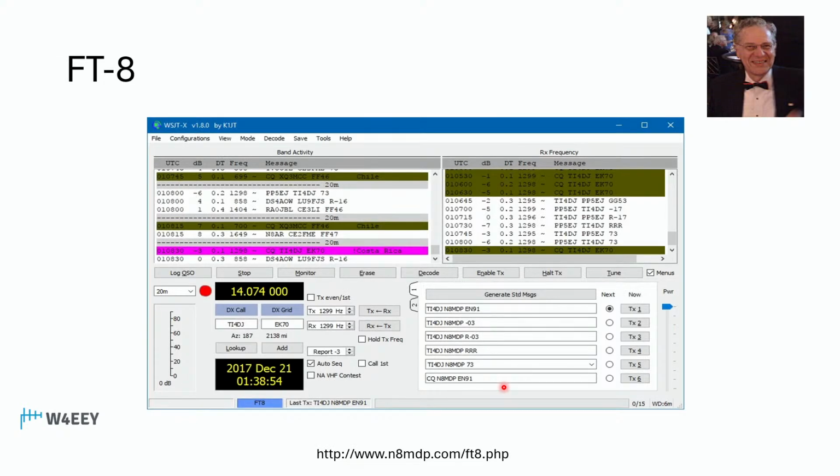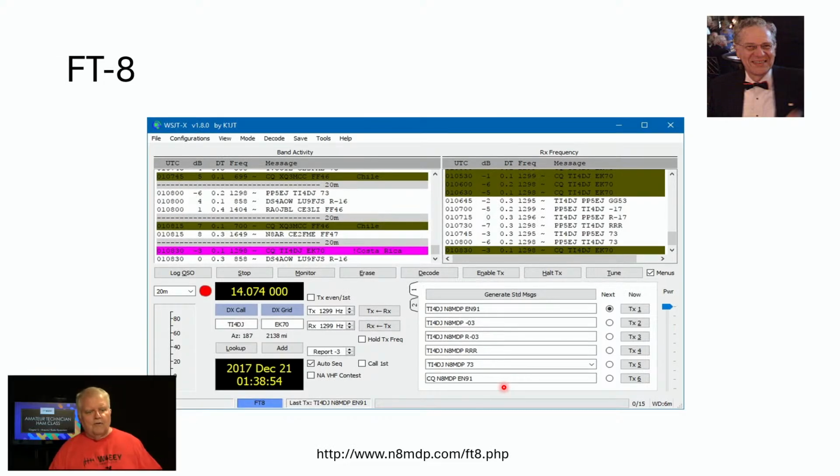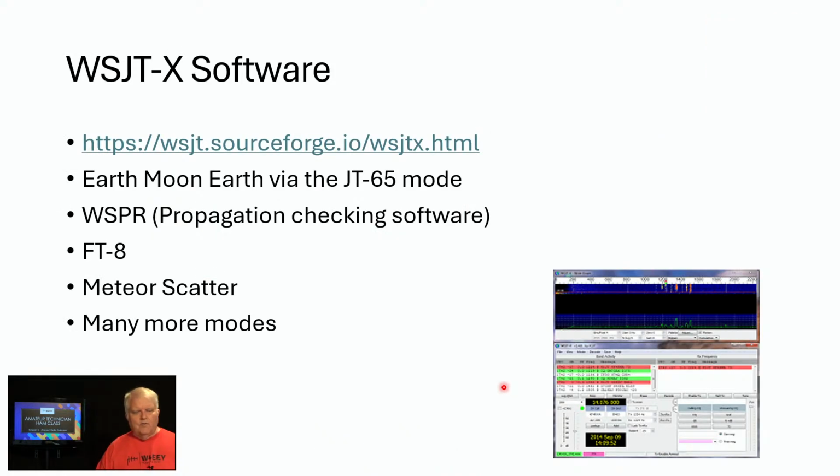FT8 took over. And FT8 uses a software called WSJT-X, which is free. And the link is here, and it was developed by Joe Taylor and Steve Franke, and it has taken over as the most popular digital data mode.